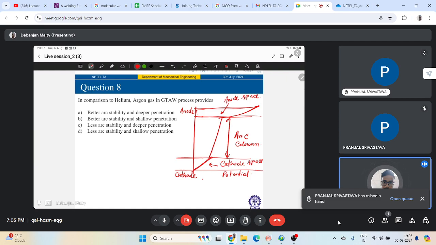Apart from those, a small region is called the cathode or anode spot. The spots are relatively very small areas on the cathode or anode surface, which will either emit the electrons or attract the electrons.